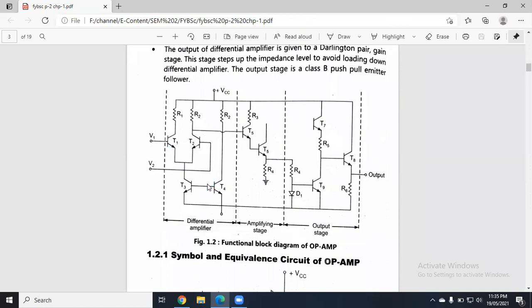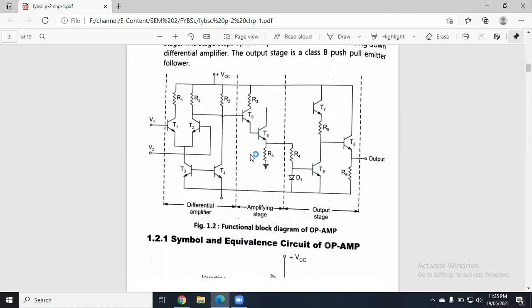The output of the first stage is given as input to the second stage, which is the amplifying transistor stage. The output of this second stage is given to the final stage. So this is how the functional block diagram of an op amp looks. Nobody is going to ask you to draw this diagram, but for your understanding and for more information, you should be aware of it.